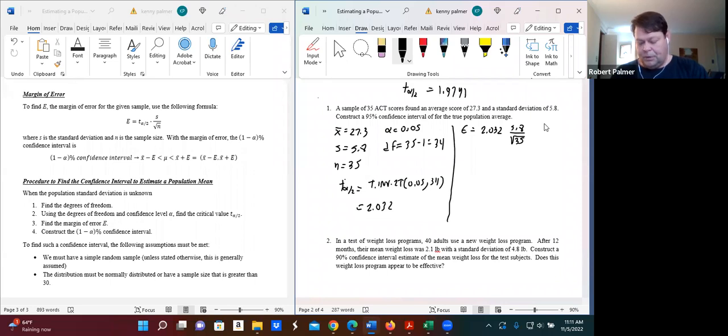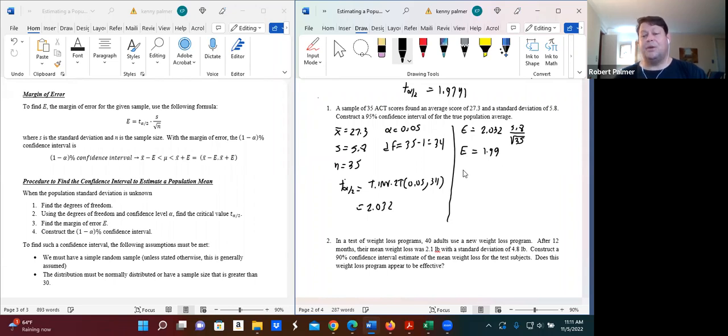Okay, 2.032 times 5.8, divided by the square root of 35. I'll round this to 2 decimal places, though it doesn't say: 1.99. So that's my margin of error.